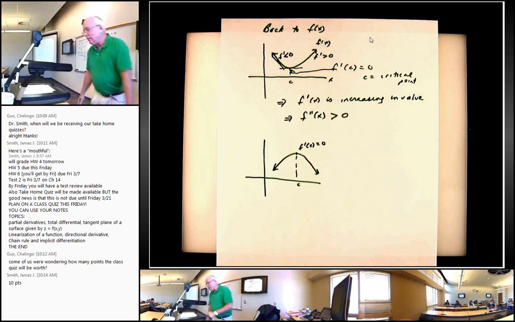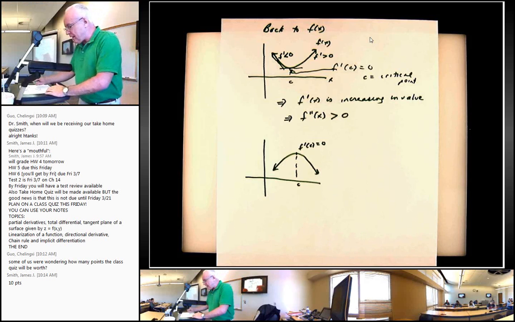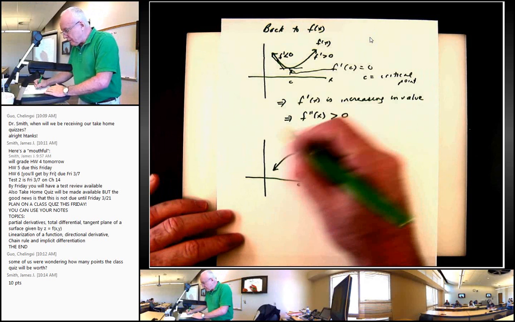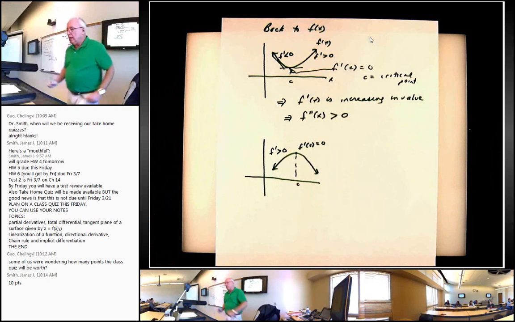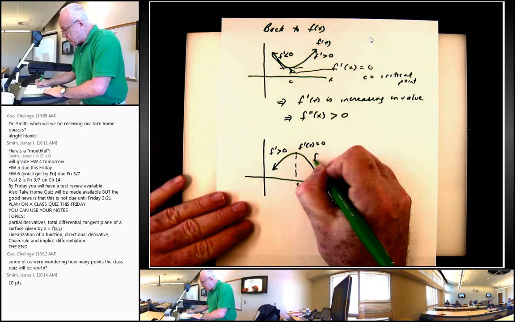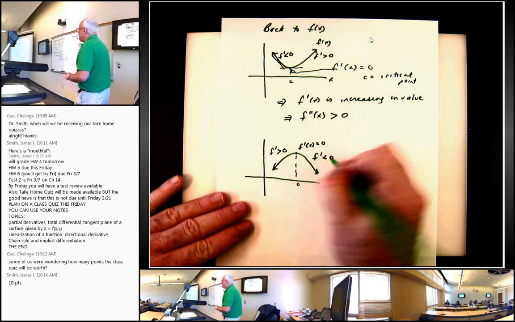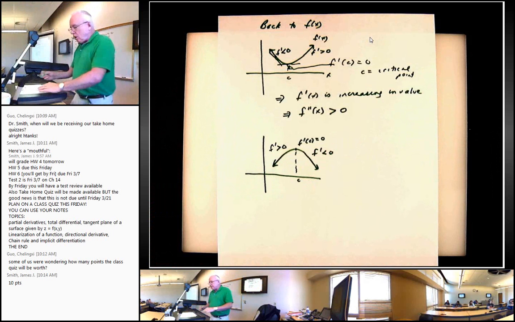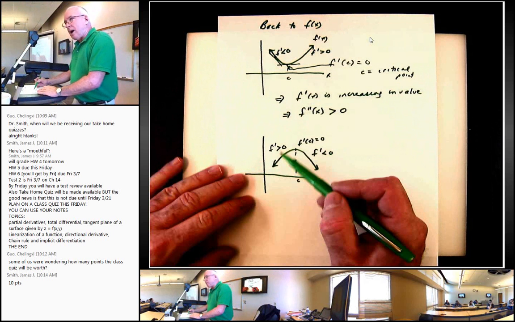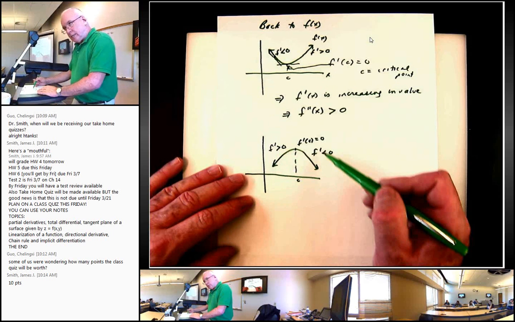Okay, now here on this side then, our first derivative is going to be positive because our graph is going upward. And on the other side, the graph is going downward again, so our first derivative is negative. So in this case, our first derivative is going from positive to 0 to negative.